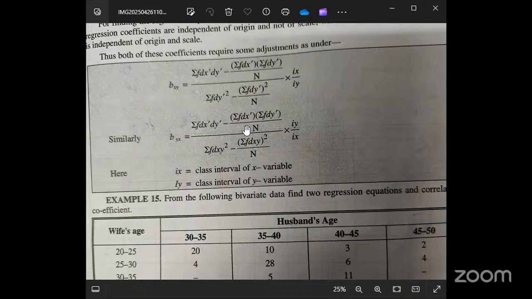The question is: find the regression equation. They have given us x and y. X is 6, 2, 10, 4, 8, and y is 9, 11, 5, 8, and 7.